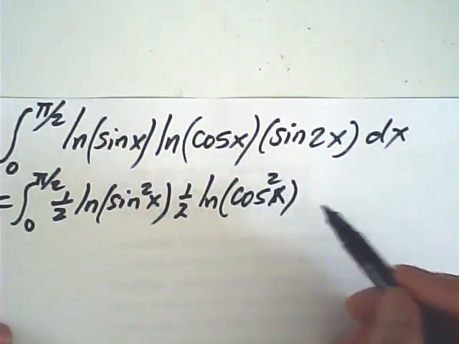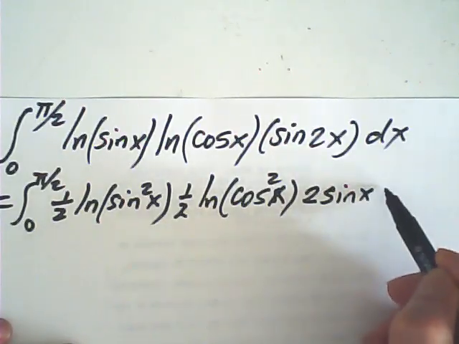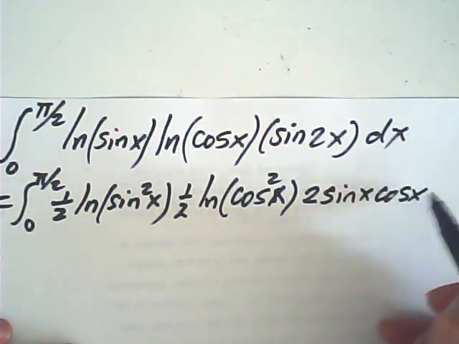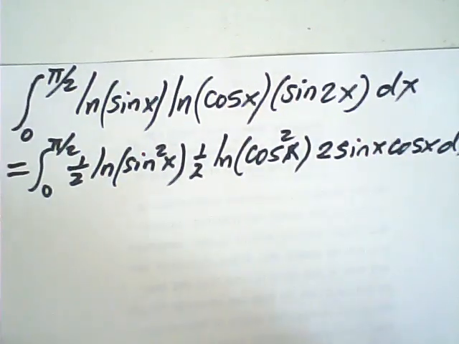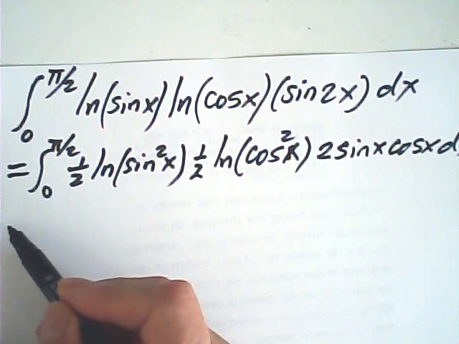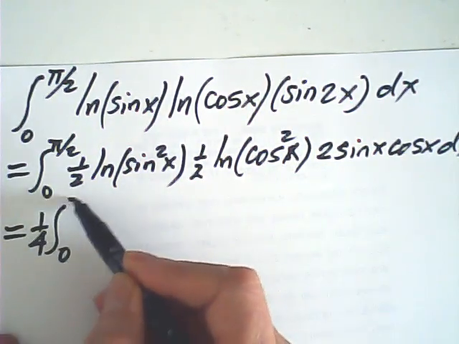Okay, this one is equal to sine x cosine x dx. Good. And then half times half is 1/4, the integral from 0 to pi over 2.